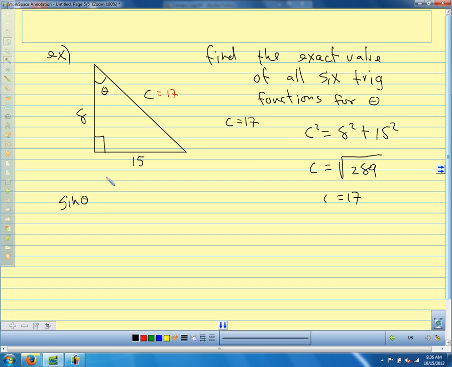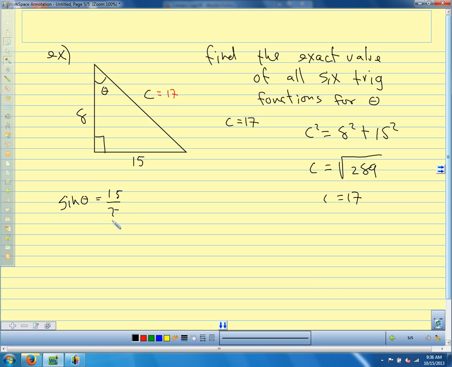So sine of theta, what's going to be the sine of that angle, Abby? Here's my angle. Sine of theta is, we're using Sohcahtoa, 15 17ths.